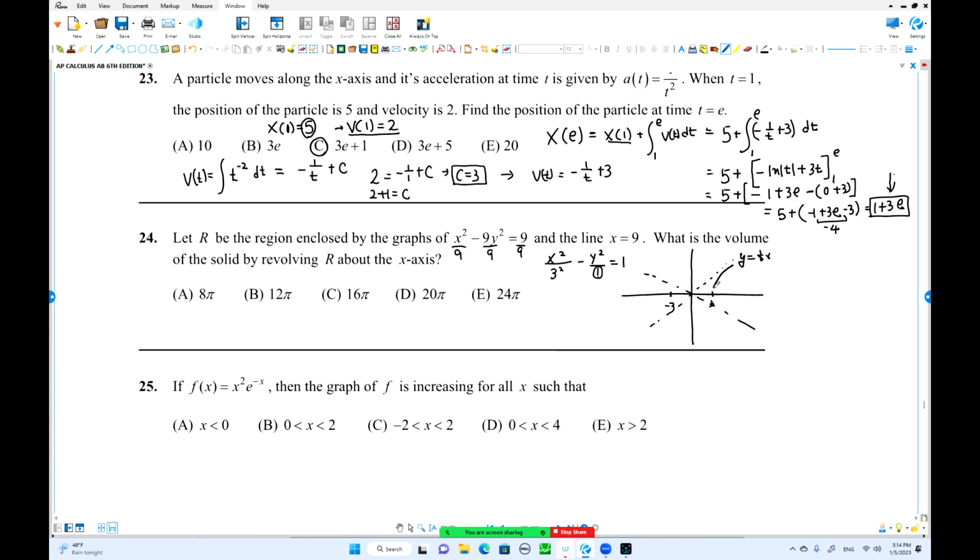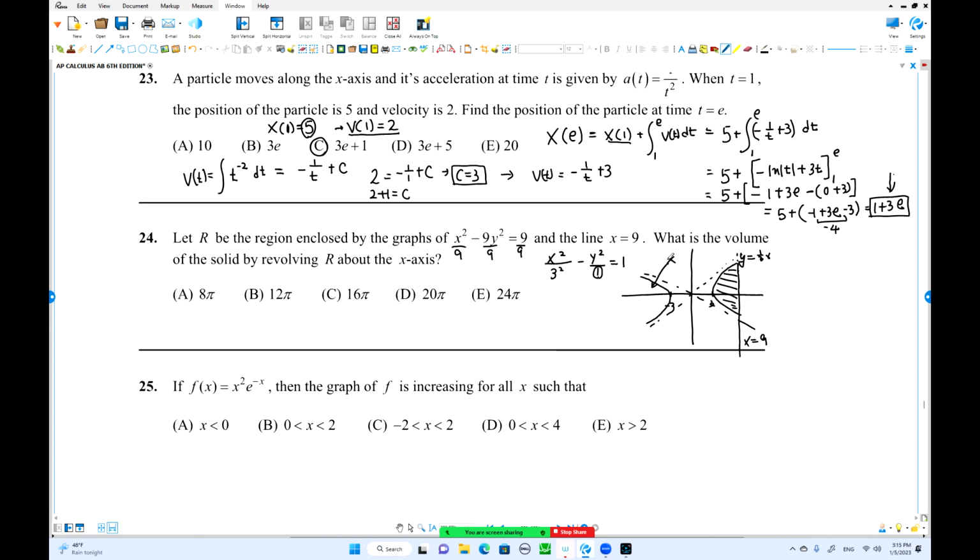The graph looks like this. Okay, that's the hyperbola. And the region is enclosed by x equals 9. This is x equals 9. So this is the enclosed region. We don't care about the left hand side, okay?